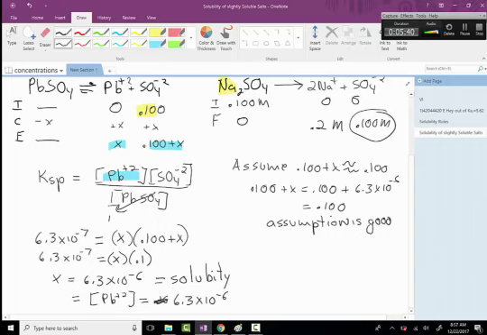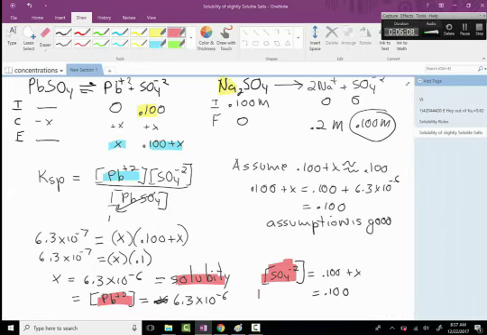The concentration of sulfate is equal to 0.100 plus x, which is equal to 0.100. So in a problem, I could ask you for any one of these. I could ask you for the solubility. I could ask you for a concentration. You have to read the questions. All right, let's do a more complex problem.